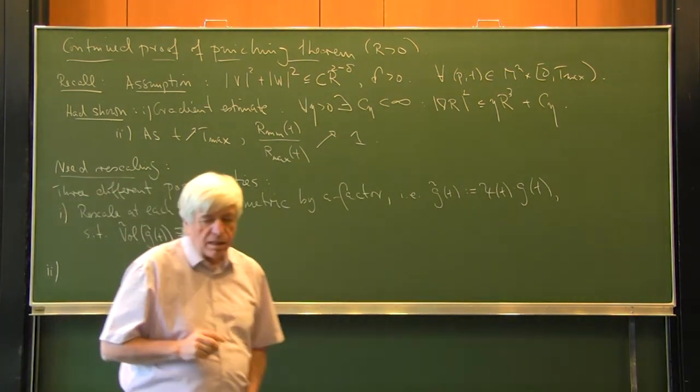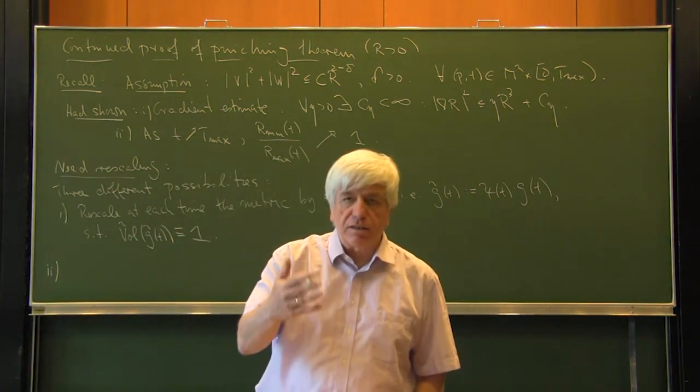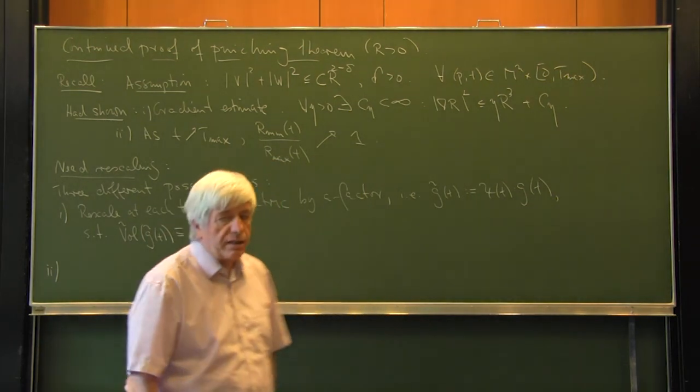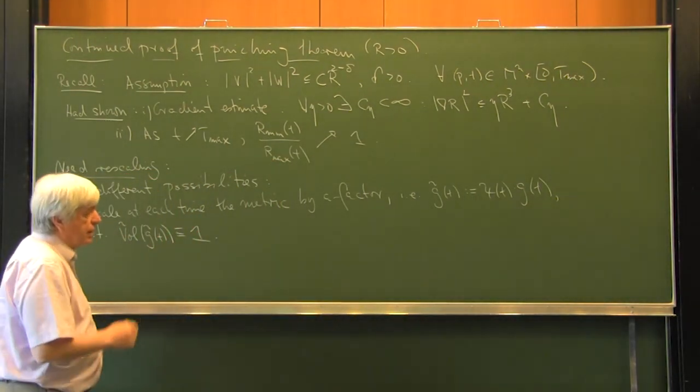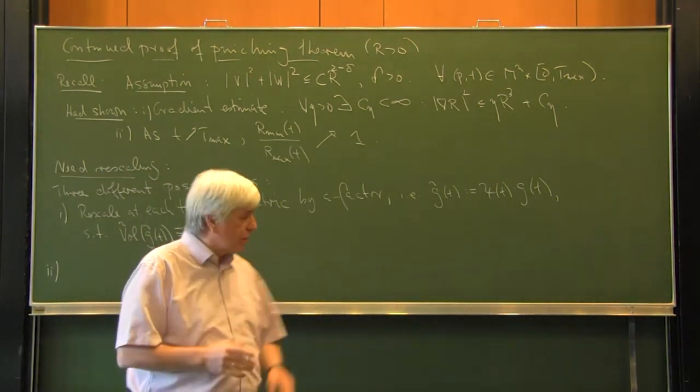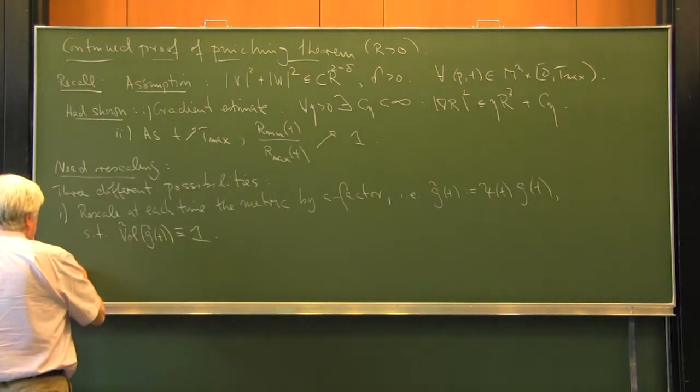The other way would be to, instead of prescribing such a volume condition, say, well, I'm expecting that the thing is going to converge to a sphere, and I know what the shrinking behavior of the sphere is.